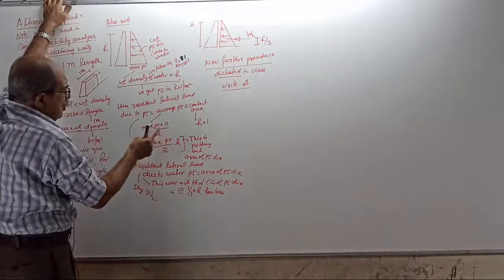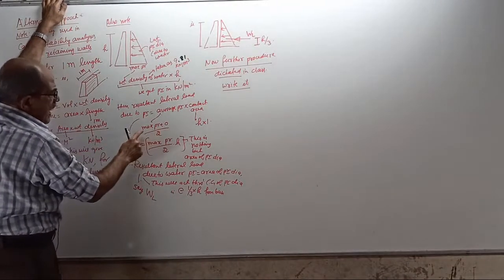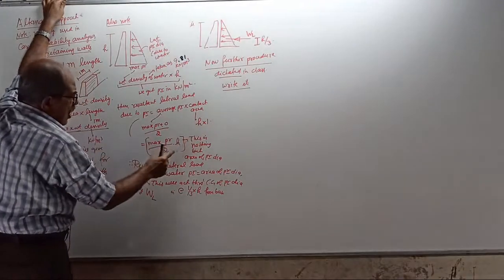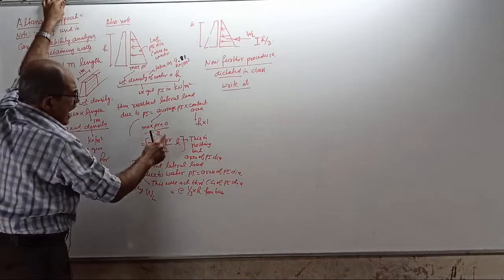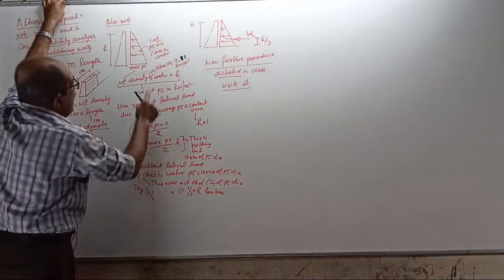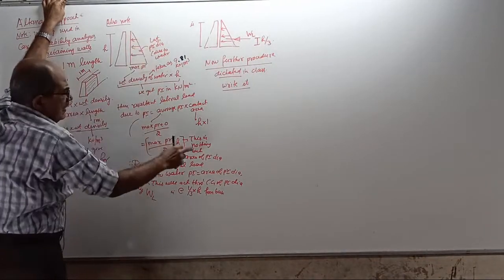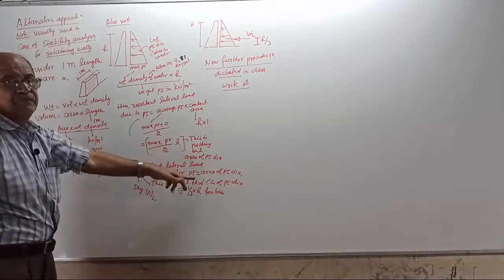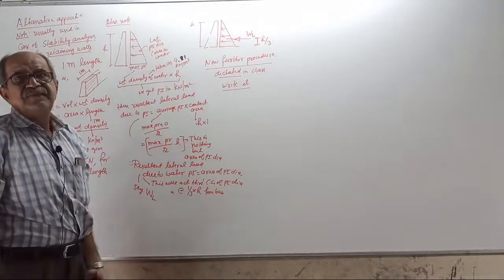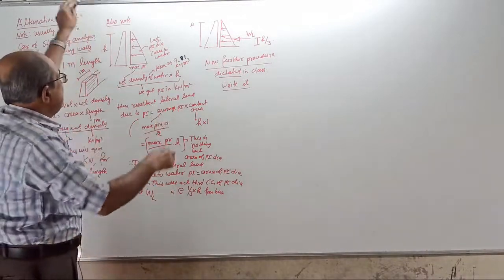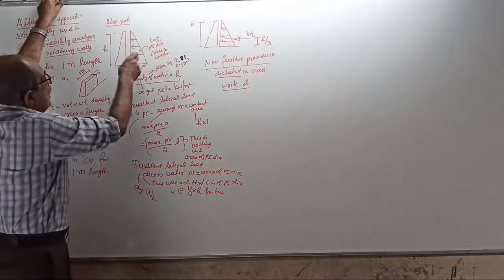So it is half into height into maximum pressure, which is nothing but the area of the pressure diagram. Whenever you take unit length, the resultant load will always be the area of the pressure diagram.